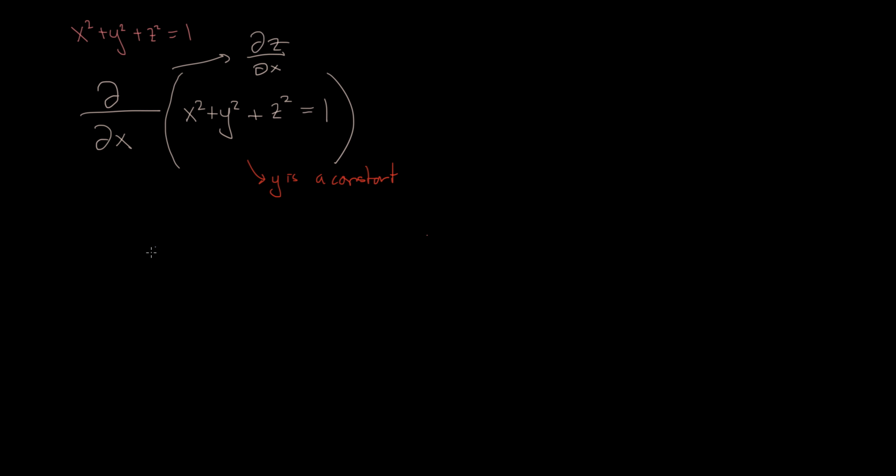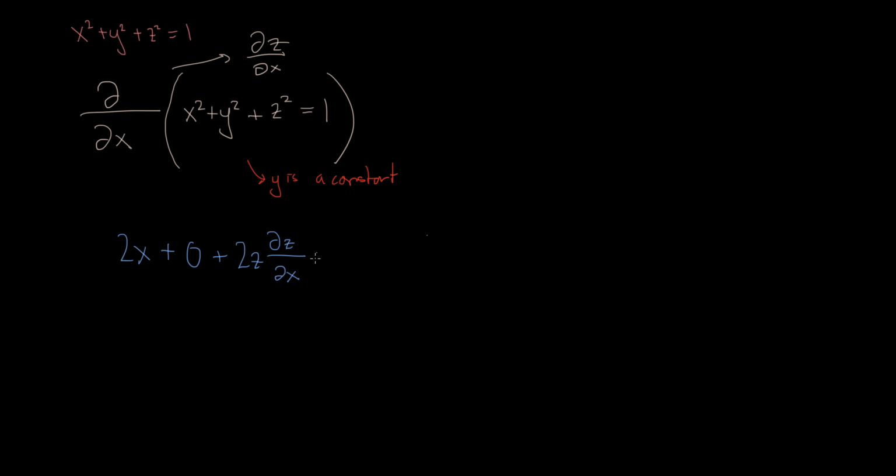The derivative of x squared with respect to x is 2x. Remember, y is a constant, so the partial derivative of y squared is going to be 0. And this one, z is dependent on x, because that's what we're trying to find. So we want z to be changing, so we'll have to take the derivative of it, and that'll be 2z, and we'll use the chain rule. So then we'll multiply by the partial derivative of z, and that's partial z, partial x.